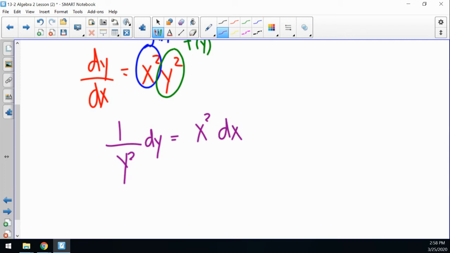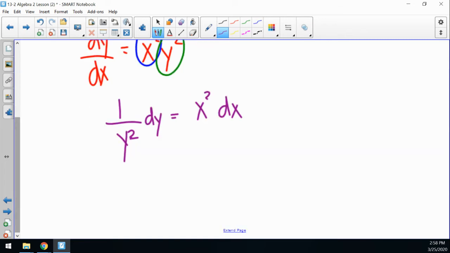That's how we would say it on our definition. Now, what we're going to do is integrate both sides, because I have my derivatives.